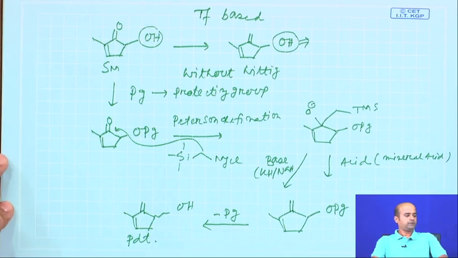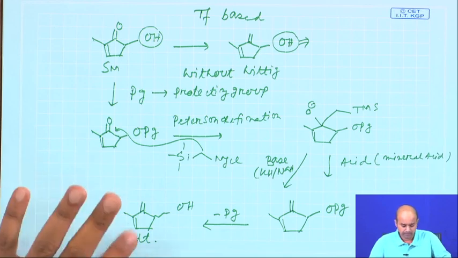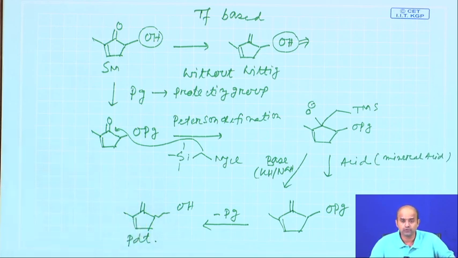Peterson Olefination is a very important reaction which will give you the olefin without using the Wittig reaction. You are making a new carbon carbon bond by using a Peterson Olefination. This is a purely transformation based approach, and try to focus on it wherever you find a similar kind of target molecule where you need to make a carbon carbon pi bond, then you can use Peterson Olefination as a suitable replacement of the Wittig reaction.